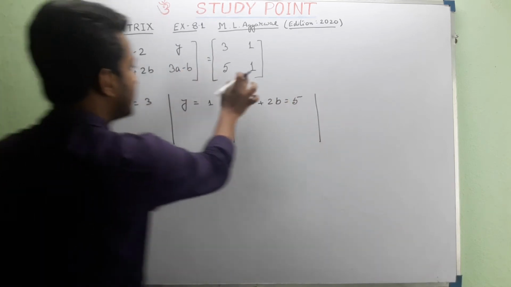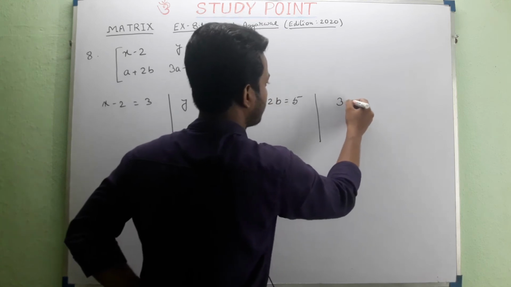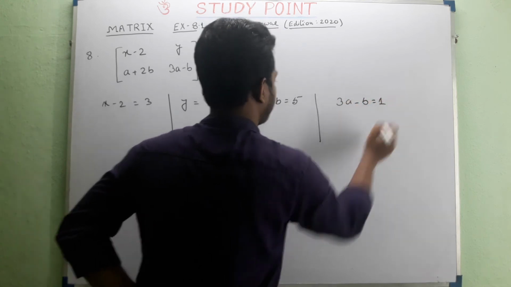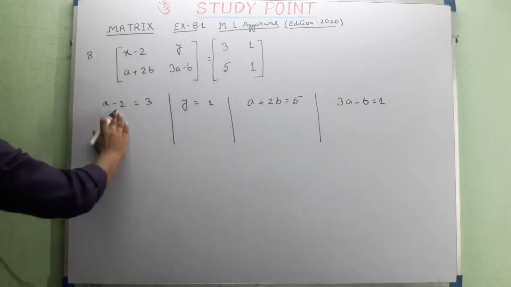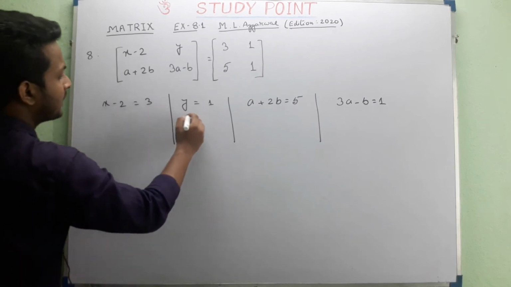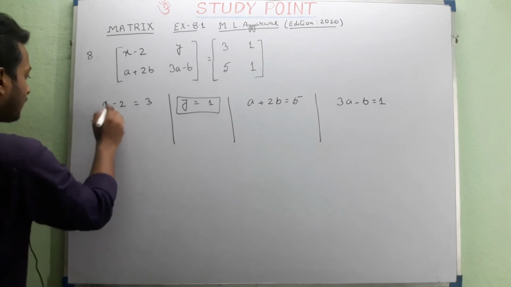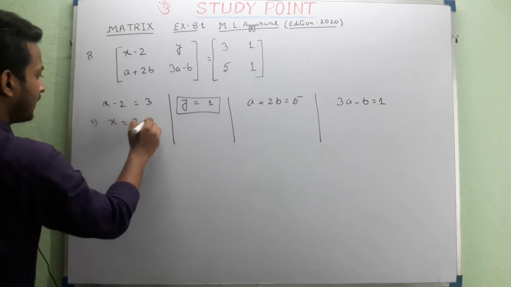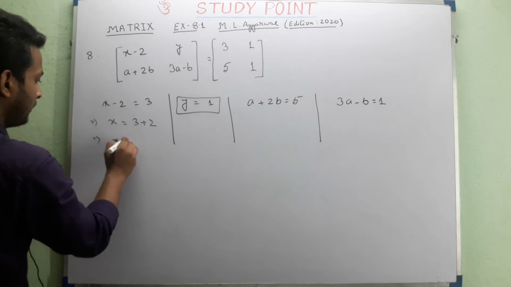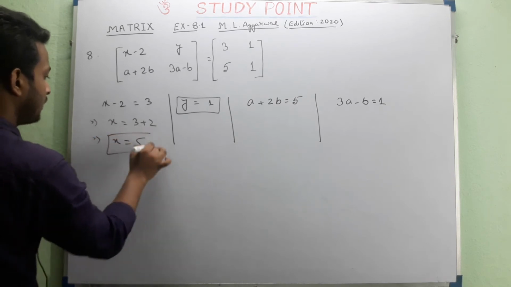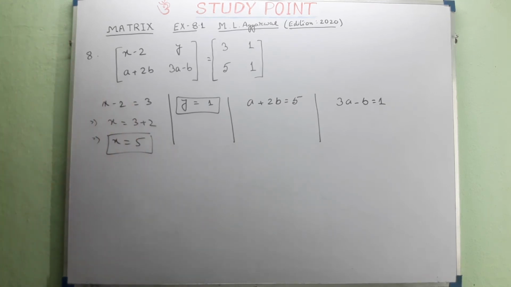Here 3a minus b, that is equals to 1. Now from these two equations you can see here we have the value of y directly. We need not solve. But from here we can write like that, and it will be x equals to 5. So from here also we have the value of x.